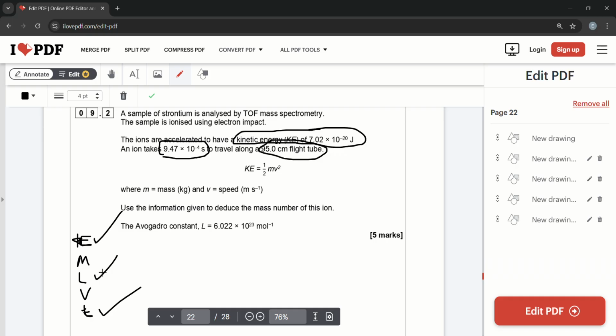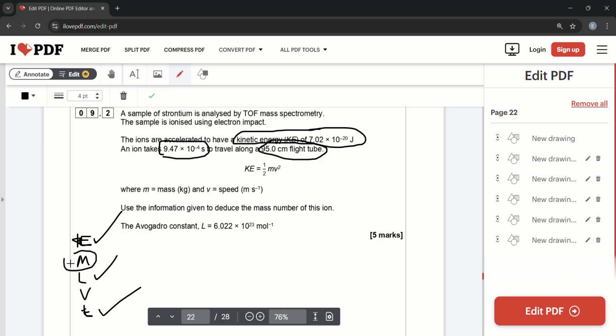We want to find a mass number. What we can do is find out the velocity, then substitute velocity to find mass. Then once we find the mass of the ion, we'll times it by Avogadro's constant. So that's how I would do it.